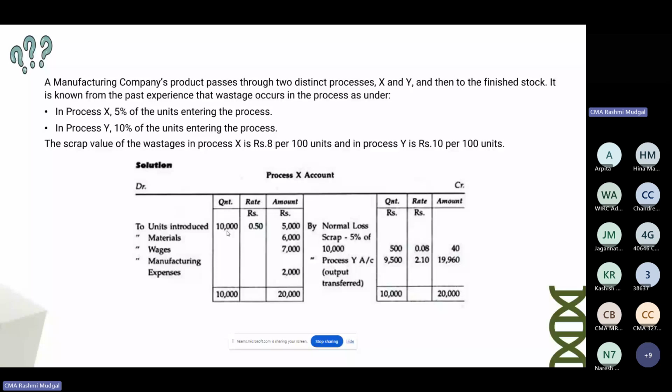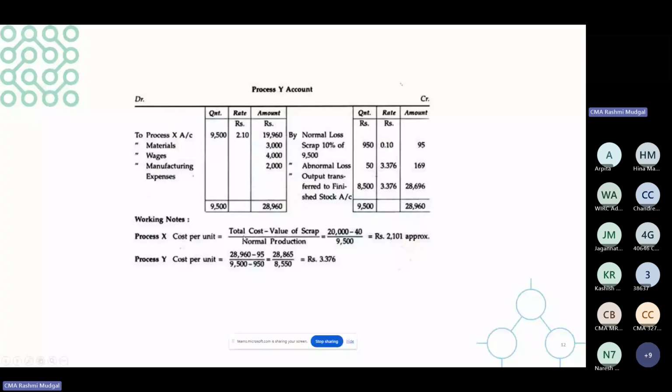In process X, the total cost is 20,000 minus the value of scrap 500, with 9,500 units of normal production. This is approximately 2.10. So we can see this cost per unit.